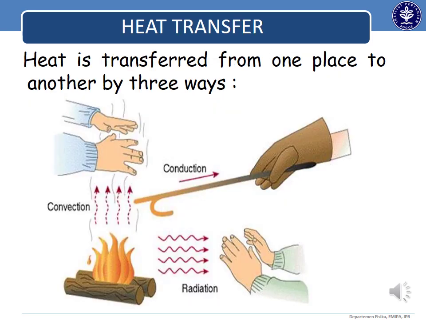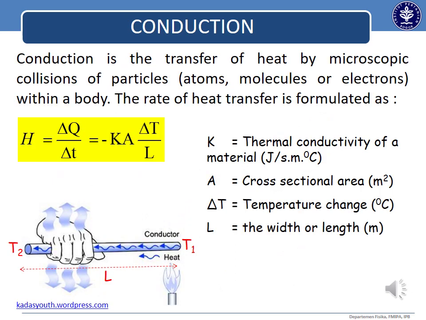Heat can be transferred from one object to another by three means: conduction, convection, and radiation. Conduction is the transfer of heat by microscopic collision of particles within an object. Microscopic particles means atoms, molecules, or electrons.